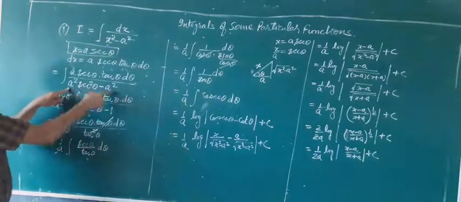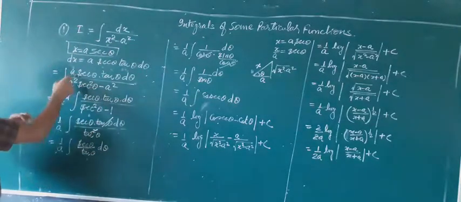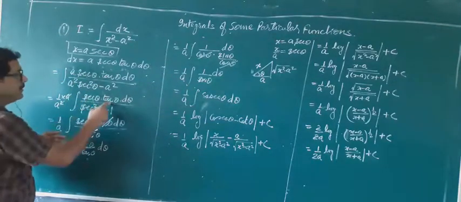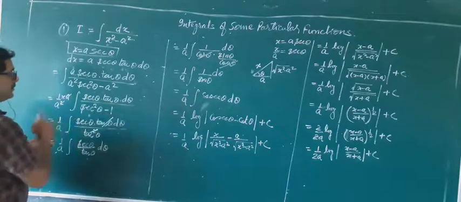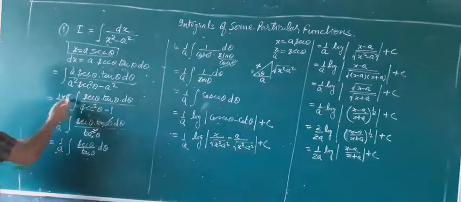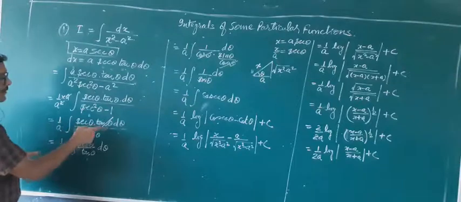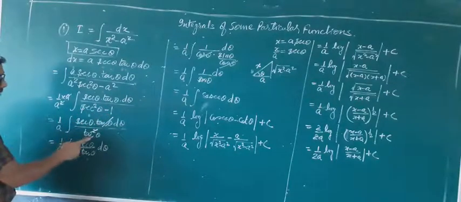We take a square as common, and the numerator a is also taken out. So this is sec theta tan theta d theta upon sec square theta minus 1. The a cancels out, so 1 upon a is left, and sec square theta minus 1 becomes tan square theta.